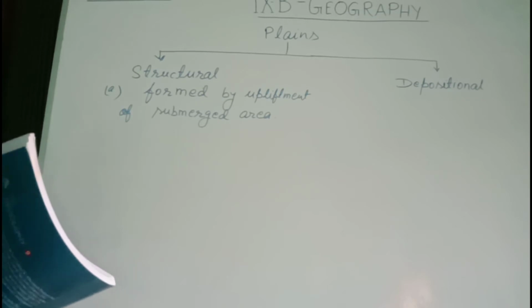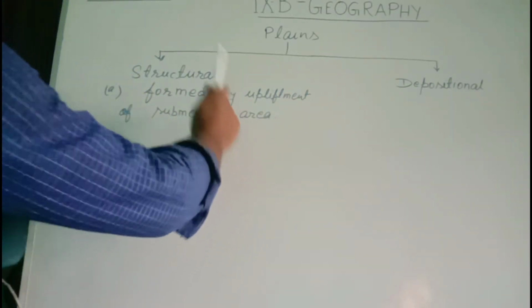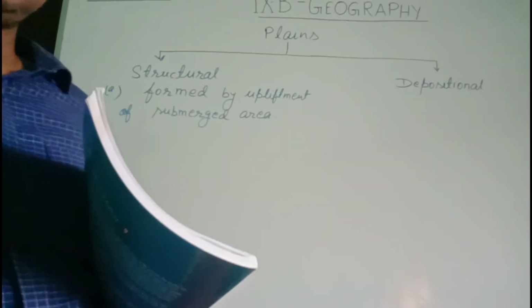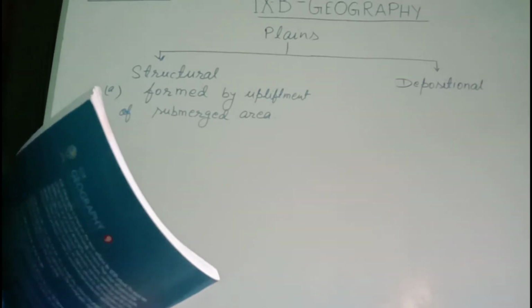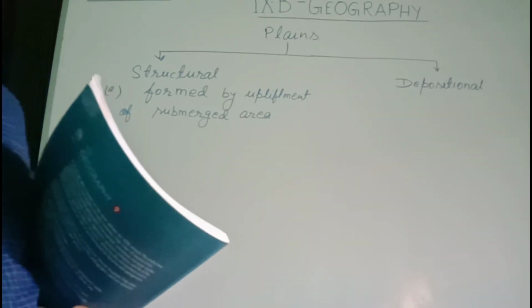So the main cause is the upliftment of submerged area, and that submerged area is uplifted due to the deposition of the sediments. Those are brought by the oceanic waves.